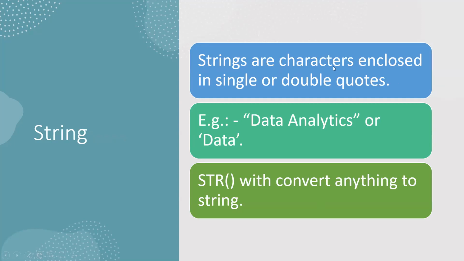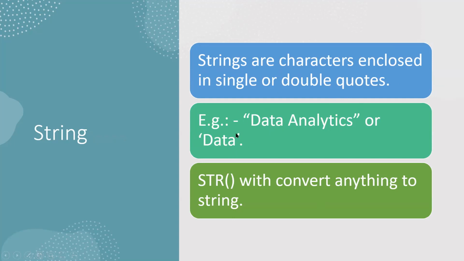So strings are characters enclosed in single or double quotes. For example, "data analytics" in double or single quotes. Whatever value we have in single or double quotes, those are all strings.